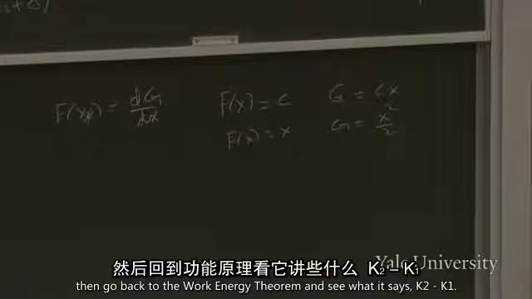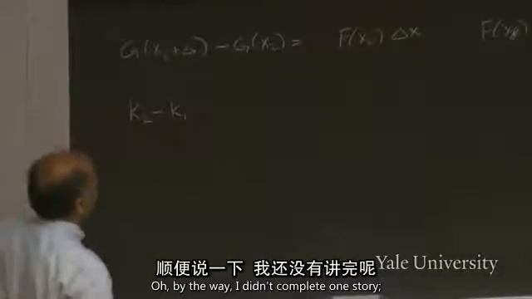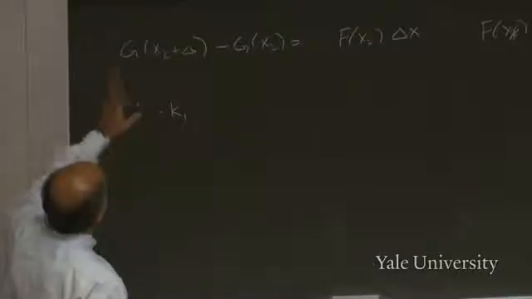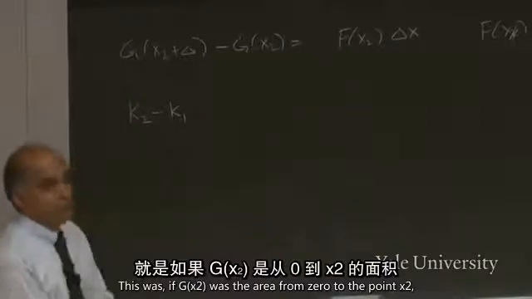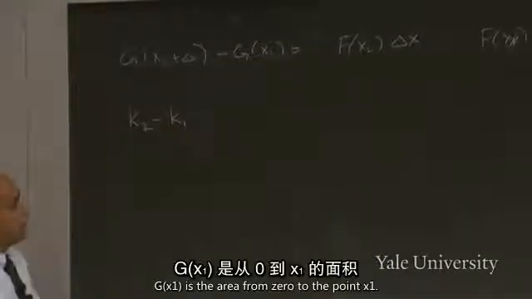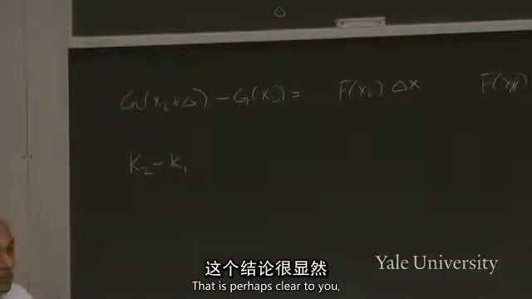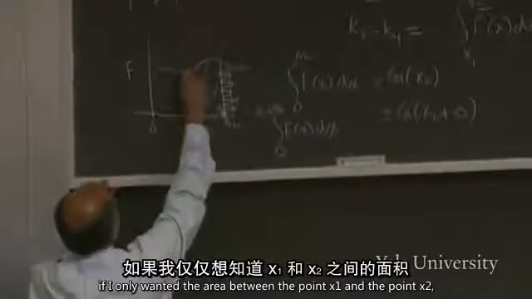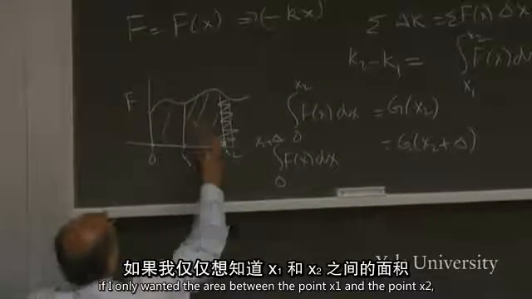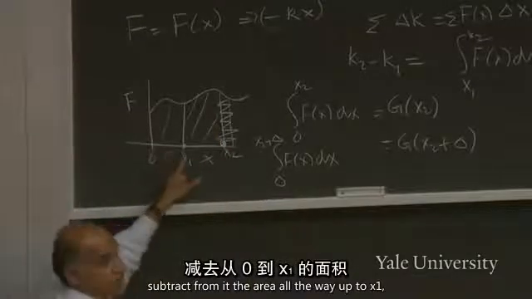Then go back to the work energy theorem and see what it says. K2 minus K1. Oh, by the way, I didn't complete one story. Let me finish that. If g of x2 was the area from 0 to the point x2, and g of x1 is the area from 0 to the point x1, then it's perhaps clear to you that if I only want the area between the point x1 and the point x2, I can take the area all the way up to x2 and subtract from it the area all the way up to x1.